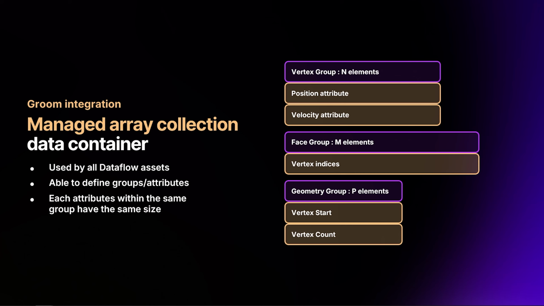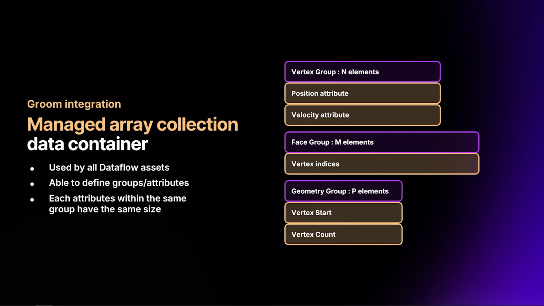Here is a description of what the managed array collection is, because I've spoken about collections since the beginning. You saw that it's the main data structure flowing from node to node in Dataflow. It has been used here in the Groom as well, and it's used in many of our assets. To be really simple, a managed array collection is a data container.